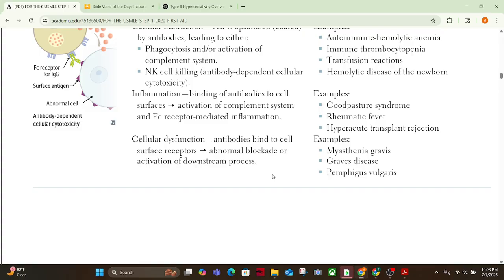Examples of this cellular dysfunction would be myasthenia gravis, Graves' disease, and pemphigus vulgaris. In pemphigus vulgaris, the antibody will bind to desmosomes, so desmosomes will not attach to cells.